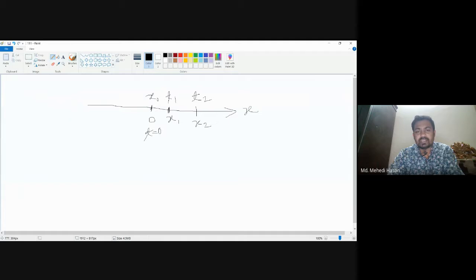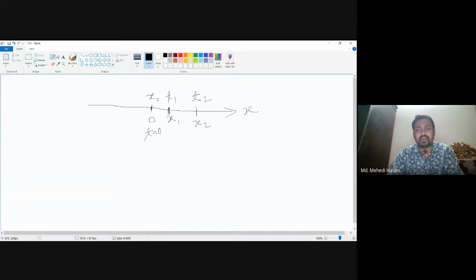But at t equal to 0 second, the position of the object can be along a certain direction, rightward or leftward. It's not necessary to be at the origin. Say the object starts 5 meters away from the origin, then at t equal to 0 second the position of that object is 5 meters.